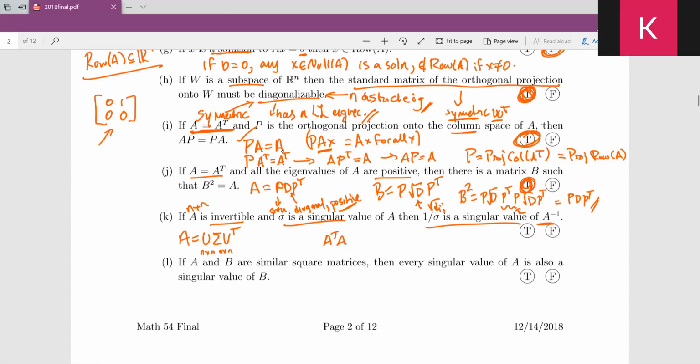You can go down this path and it will work. But now you have to compare this to A inverse transpose A inverse. The question is, is the inverse of this equal to this? You know A is invertible.